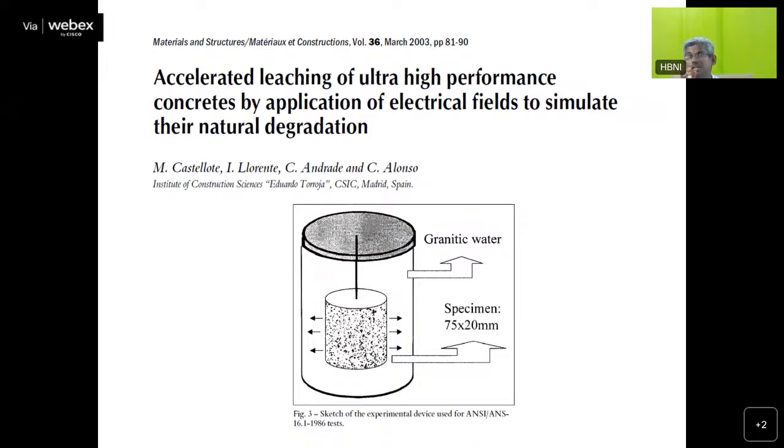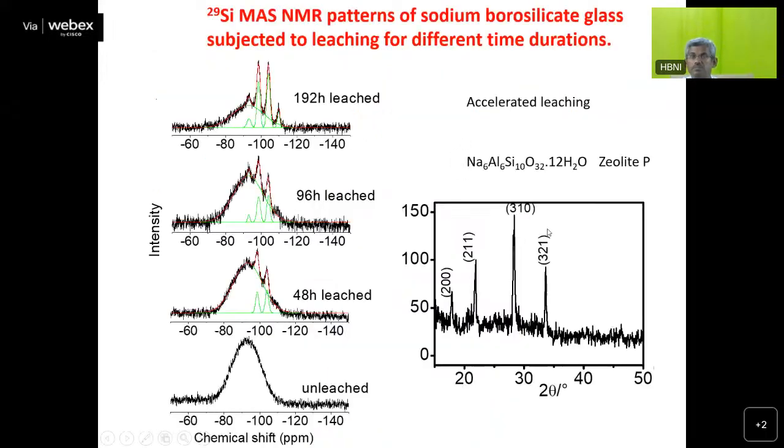In this type of experiment, NMR becomes useful, because you can find out what structural changes are taking place. In this regard, we have recorded some glassy material subjected to accelerated leaching. Suppose this glass is a borosilicate glass which can be used for waste immobilization.